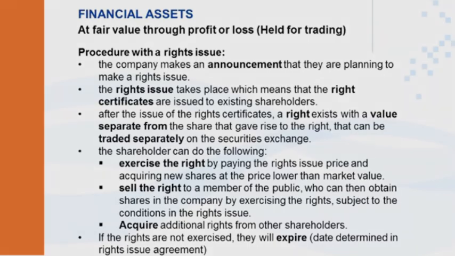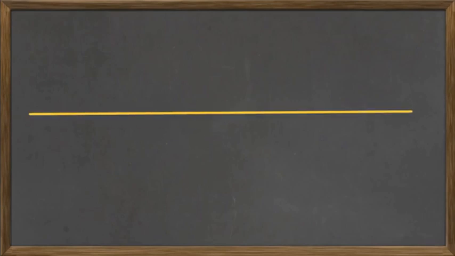Therefore, in terms of the rights issue, we deal with specific dates and we need to look at the accounting implication at each of these dates. We have the date of the announcement, we have the date of the rights issue, we have the date when the rights are exercised, and we have the expiry date.